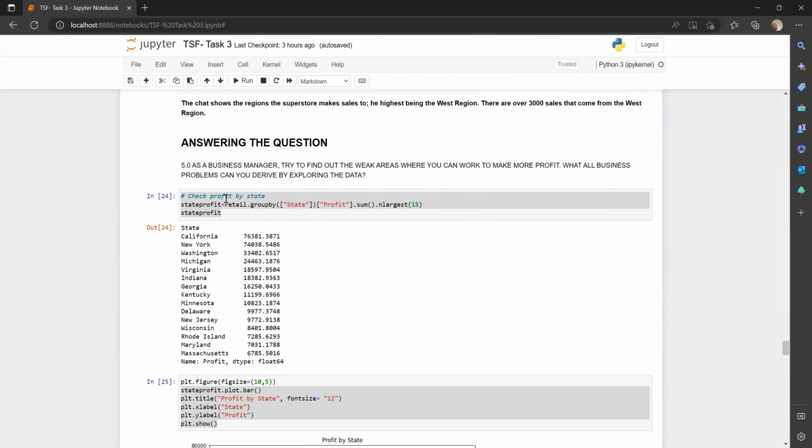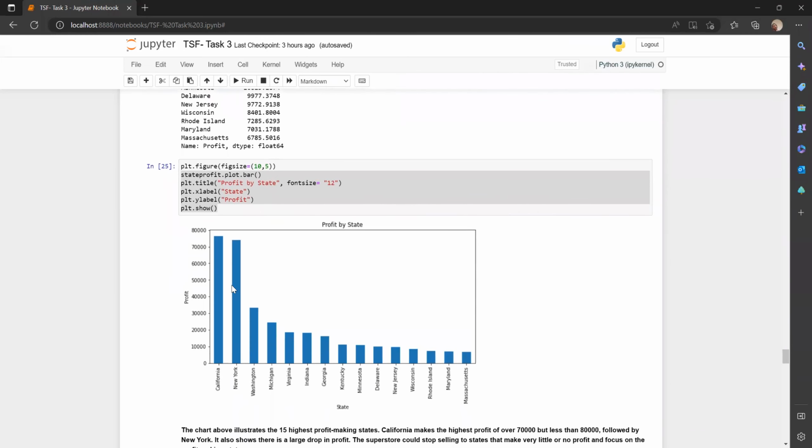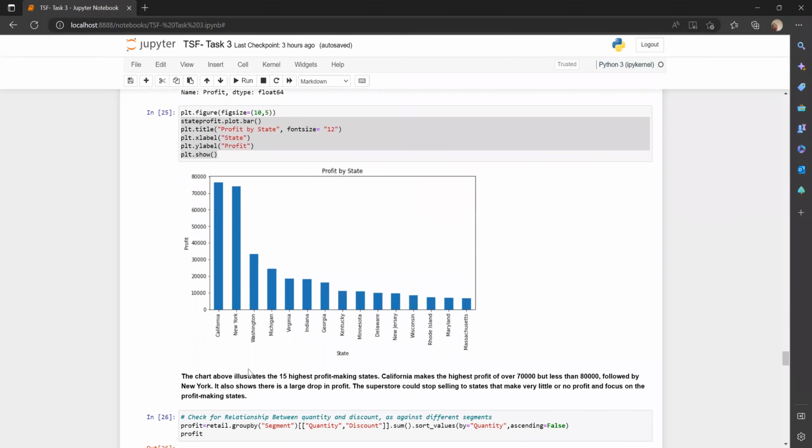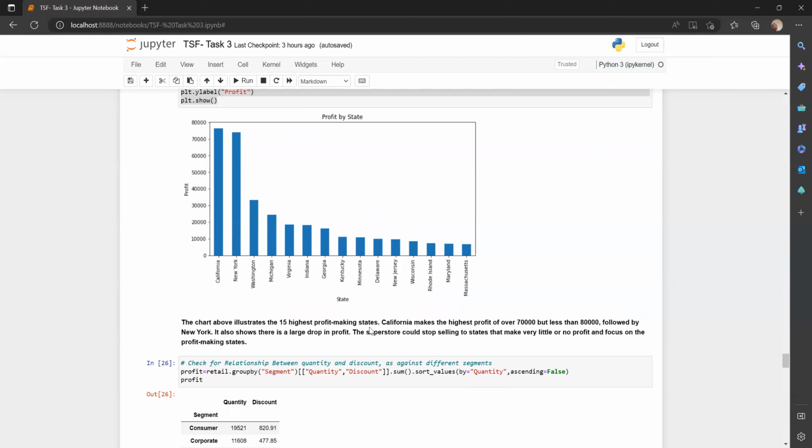So I proceeded to check for the profit by state. And from this chart, we can see the 15 highest profit-making states illustrated above. California makes the highest profit of over 70,000, but less than 80,000, followed by New York.